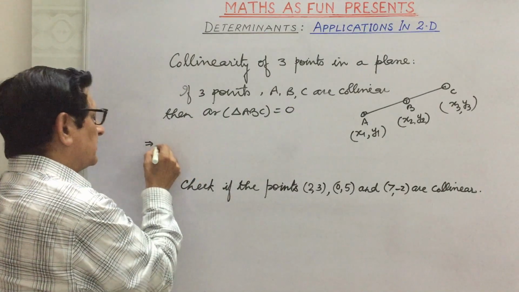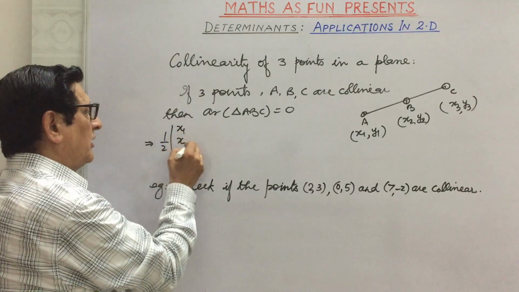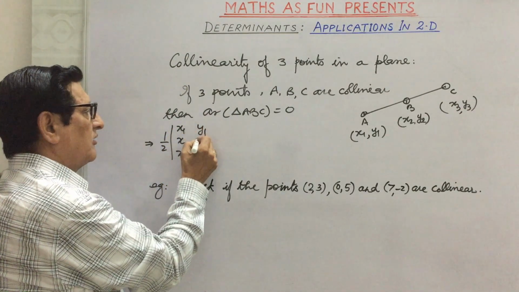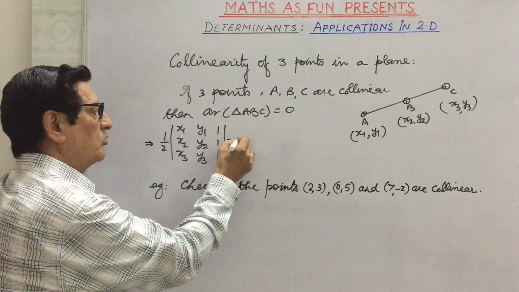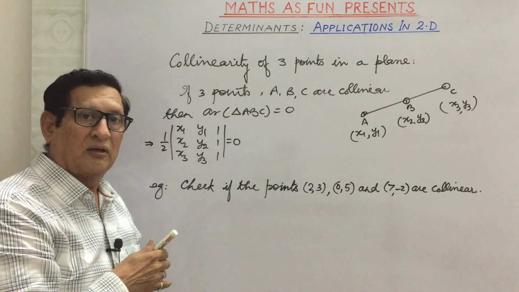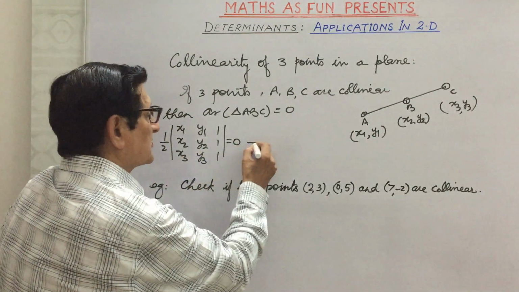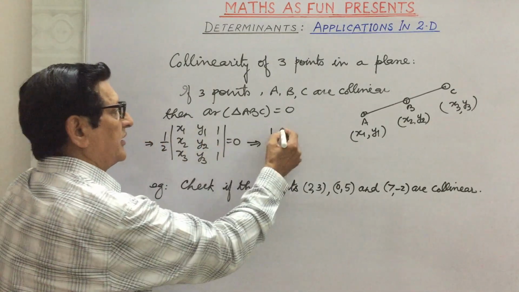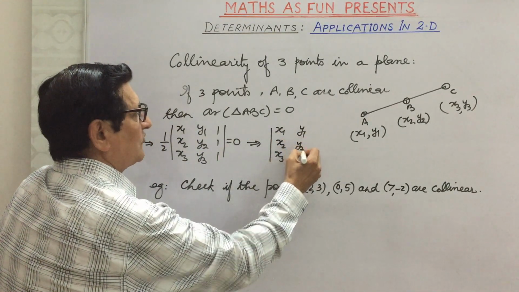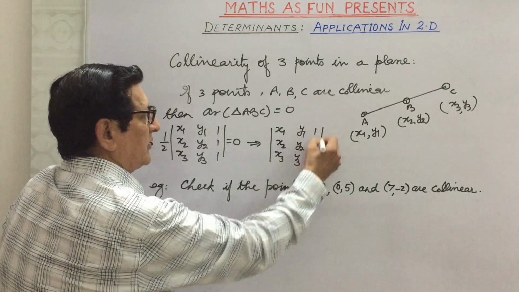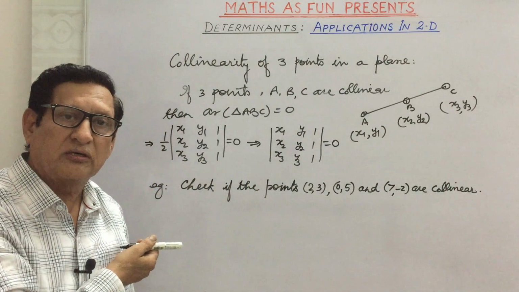It means the determinant half into x1, x2, x3, y1, y2, y3, 1, 1, 1 will be equal to 0. If we multiply the 2 onto the right, it will be 0. It means only if the value of the determinant x1, x2, x3, y1, y2, y3, 1, 1, 1 we find is 0, we can say that the points are collinear.